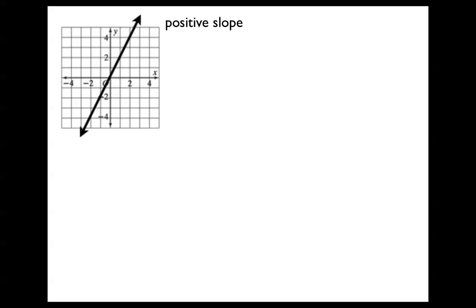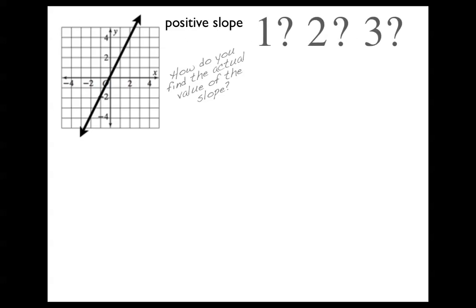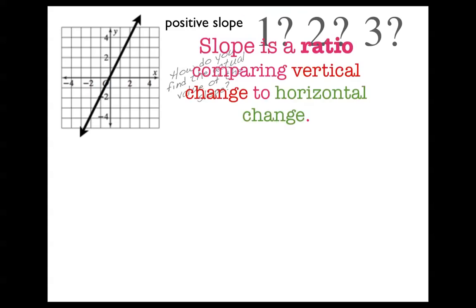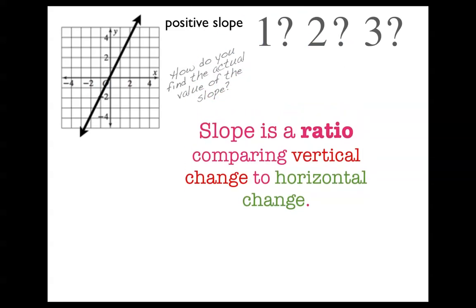We can see that that line is going uphill, but how do you find the actual value of the slope? What's the number? Does it have a slope of 1 or positive 2 or positive 3? Well, we got to look at the actual real-life math definition of the word slope here. And the real definition of the word slope is a ratio.